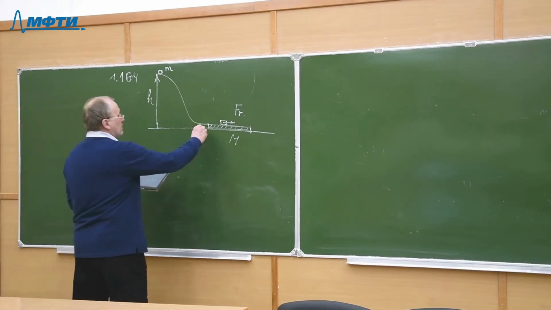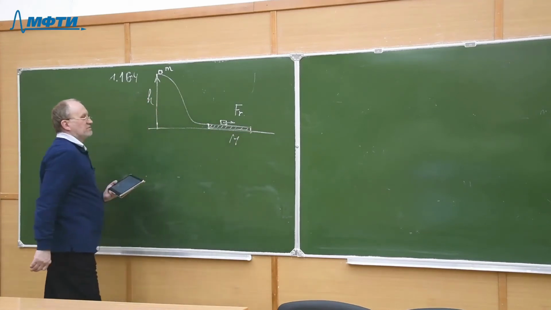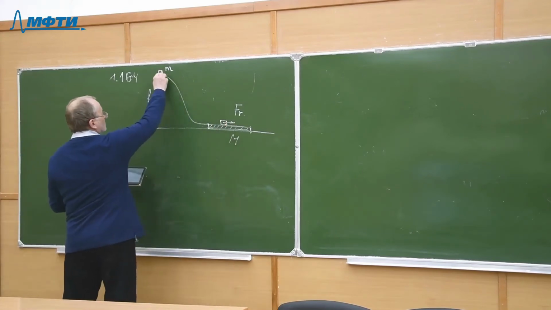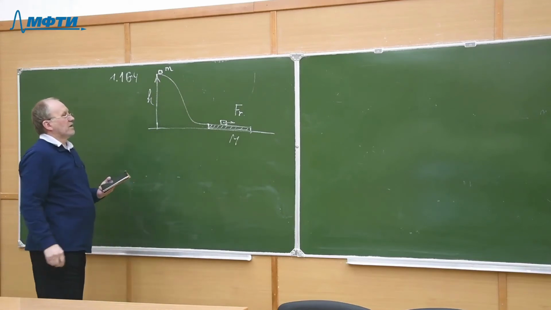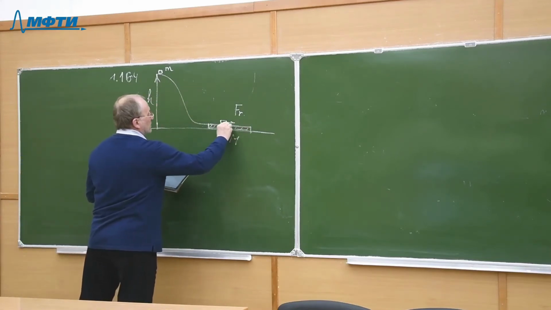So the plank can move on the horizontal surface without friction, but there is friction between this body and the plank, and no friction in other places. Only on this surface there is friction.